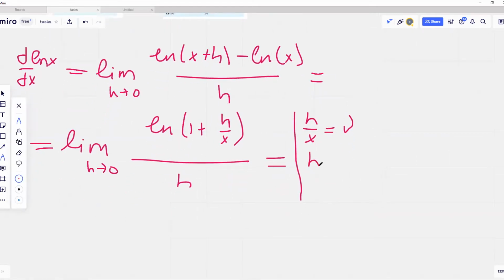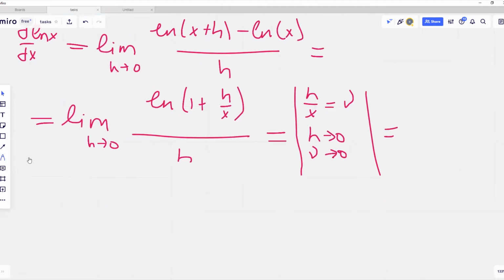When h is approaching 0, nu is also approaching 0. Also, expressing h in terms of nu and x, h is equal to nu x.